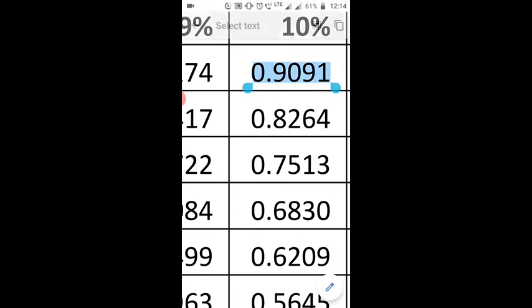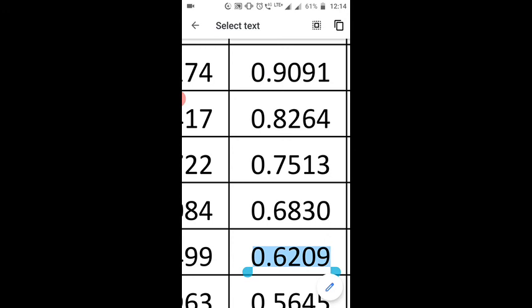If you see, there are 4 digits given, but normally we consider 3 digits. So the factors would be 0.909, 0.826, 0.751, 0.683 and 0.621. We are rounding this off.